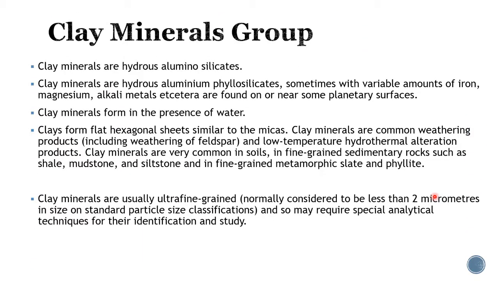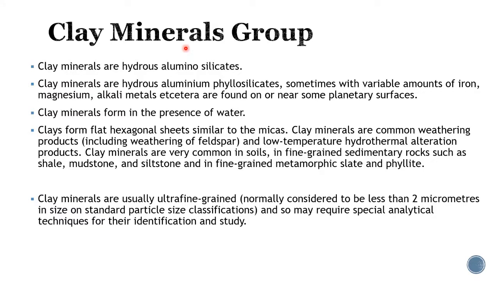Now let's move to the next group of minerals, clay minerals, which is a very important group of minerals. The term clay is generally applied to a natural material with plastic properties. Clay has particles of very, very fine size, less than 2 micrometers, composed mostly of hydrous layer silicates of aluminium, though occasionally containing magnesium and iron as well.